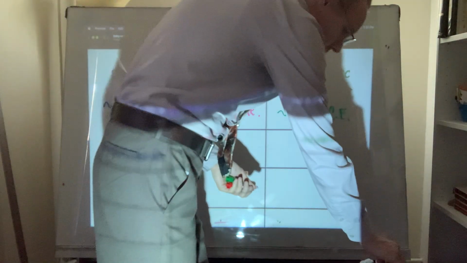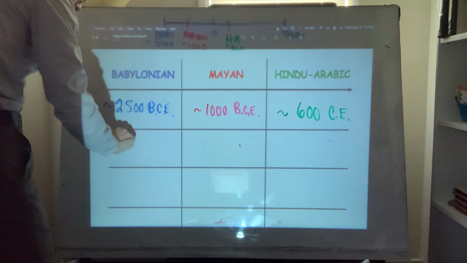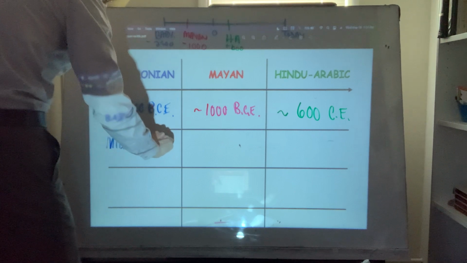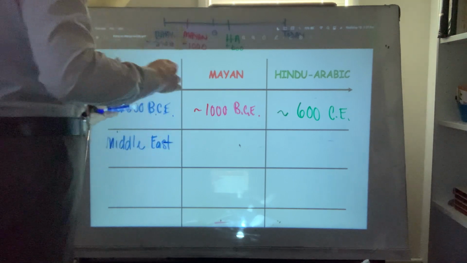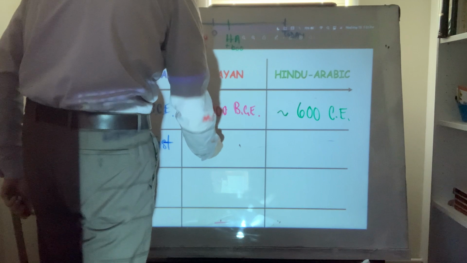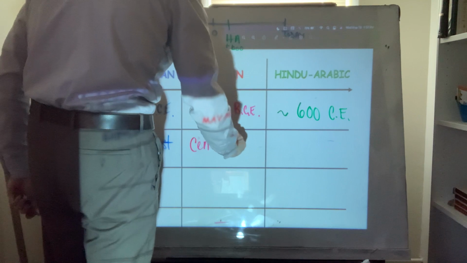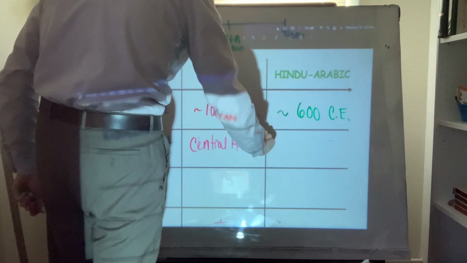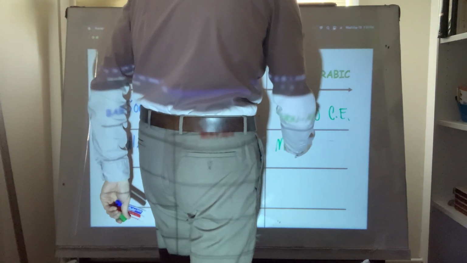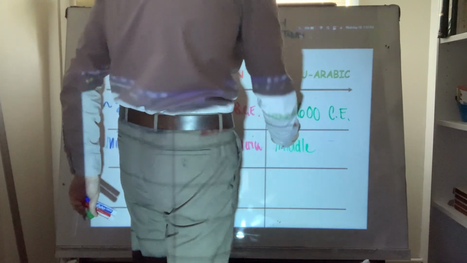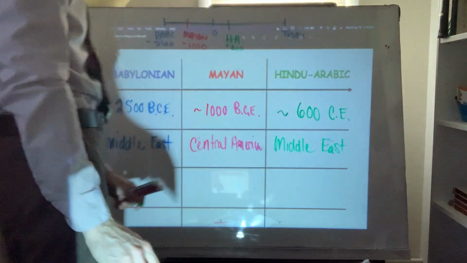Anyhow, where do these things come from? Well, Babylonian is from the Middle East. Mayan is from Central America. And Hindu-Arabic is also technically in the Middle East. It started in India, so the subcontinent, but to generalize a little bit more, the Middle East.